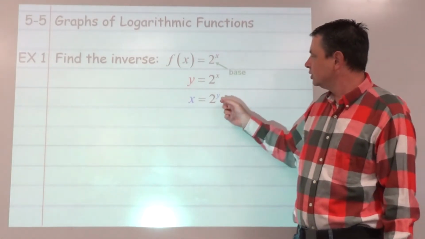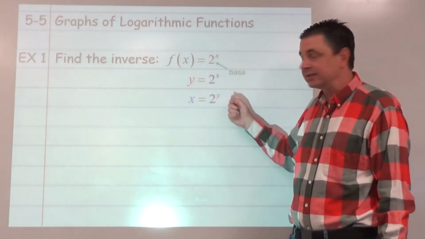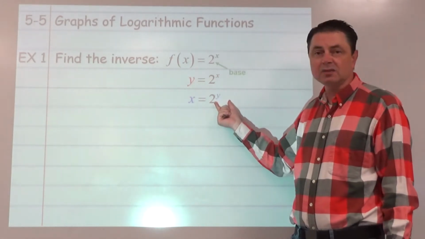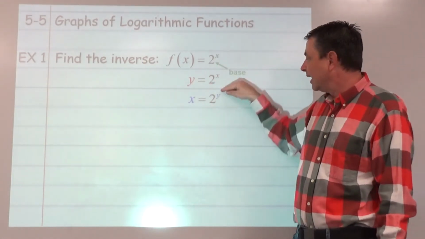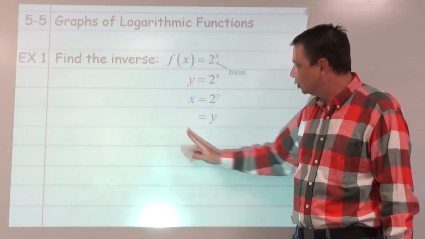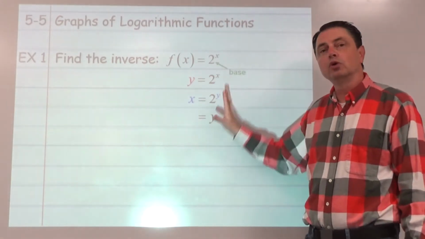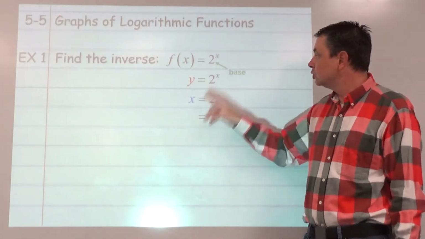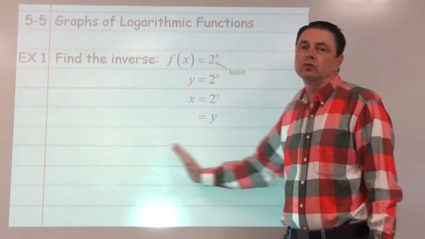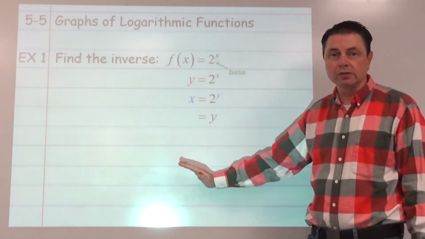What we want is to get the y by itself, so essentially pull the y down from being an exponent so there's just a normal y. When we pull that down, the 2 gets displaced or pushed out of the way. The 2 is the base, and the 2 is always going to be the base, but now we're rewriting and changing forms.